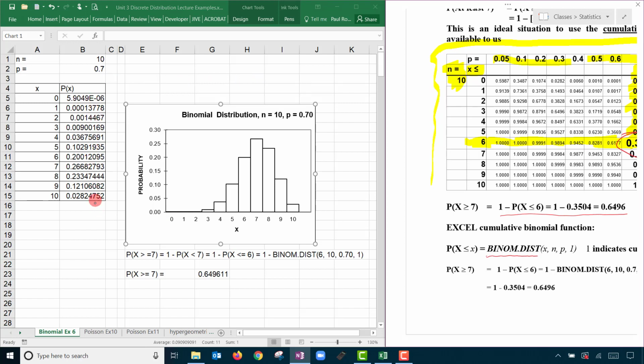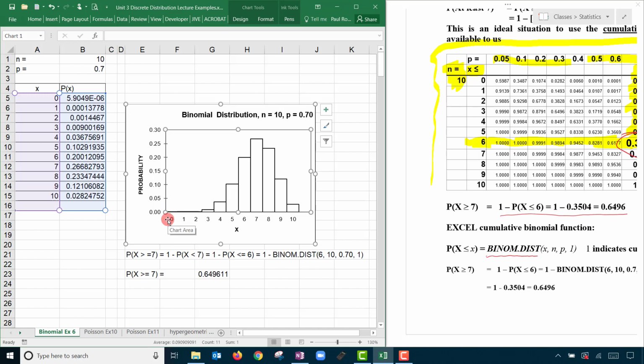We can see that these probabilities correspond to the areas of each of these rectangles. We want the probability of 7 or more. So we want this rectangle plus this rectangle plus this one plus this one. But to accomplish that, we did 100% minus 6, 5, 4, 3, 2, 1, and 0.